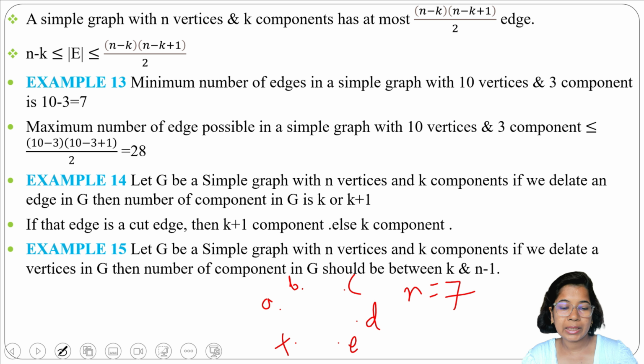If we remove vertex G and all its adjacent edges, now there are 6 components. All these individual vertices are 1 component each, so there will be n minus 1 components in case of a star graph. So the number of components will be in the range k to n minus 1. Maximum it can be n minus 1, minimum it can be k.